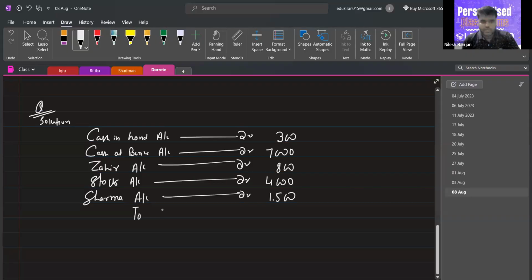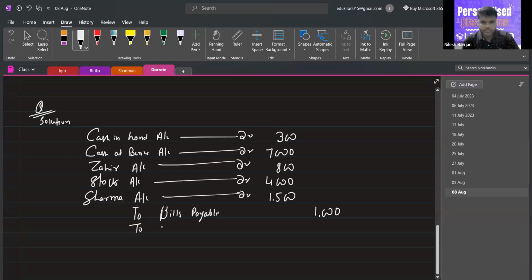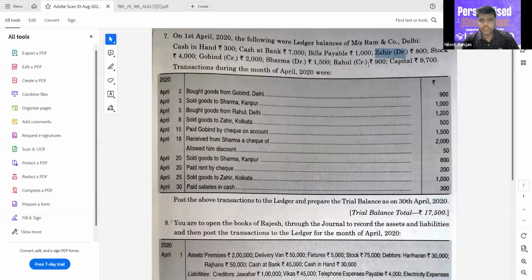Bills payable on the credit side. It is 1,000. After that, Govind 2,000. And then Rahul 900.